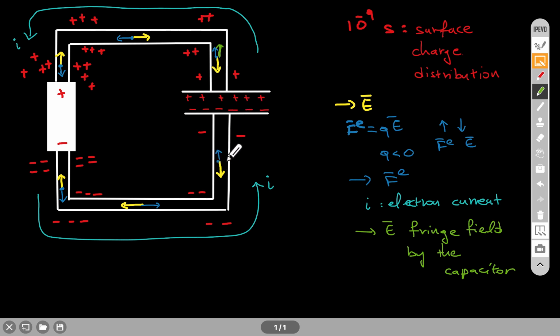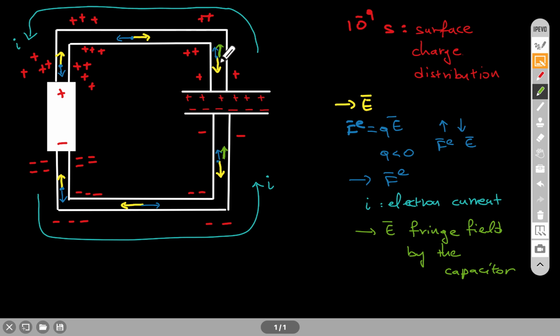And let's take a look at what happens here. The negatively charged plate will create an electric field that points up. The positively charged plate will create an electric field that points down, but because this is closer, I will eventually get a fringe electric field from the capacitor that points up.